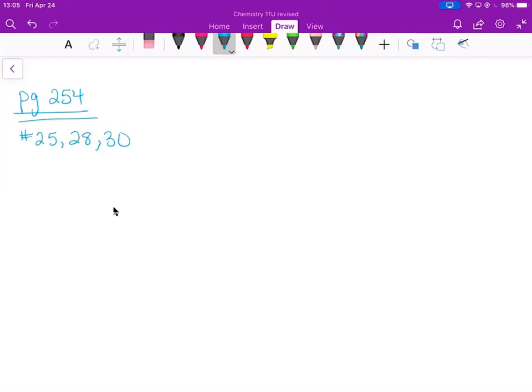Okay, number 28. And if there is a section of this course that is the most important for grade 12, it's this. You cannot go into grade 12 not understanding stoichiometry.